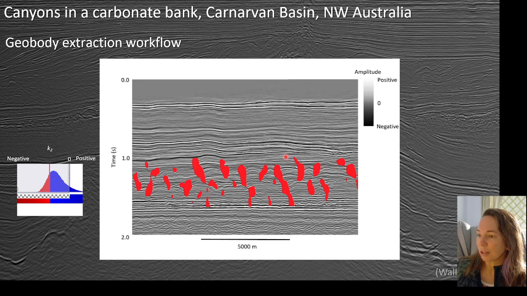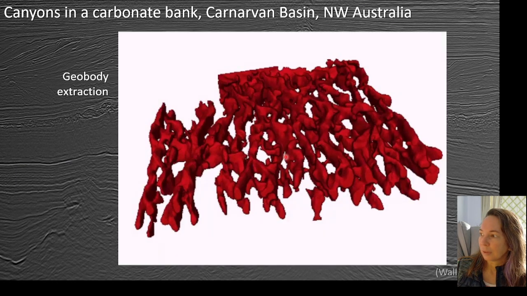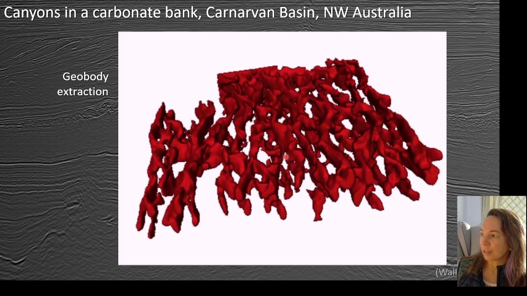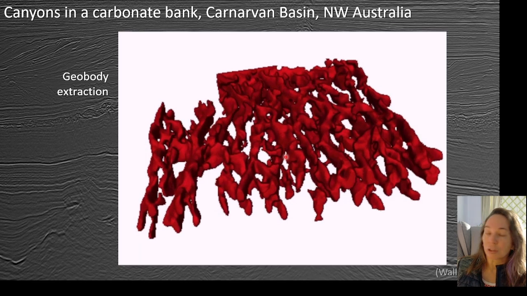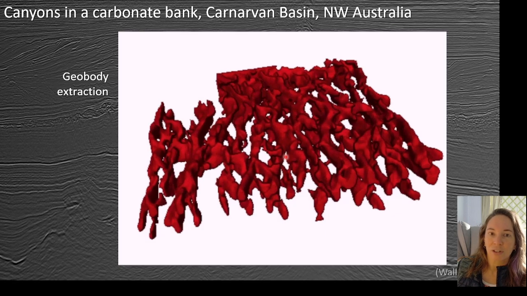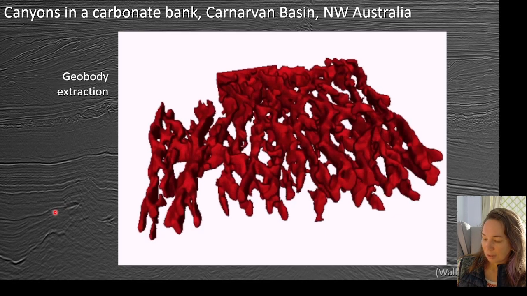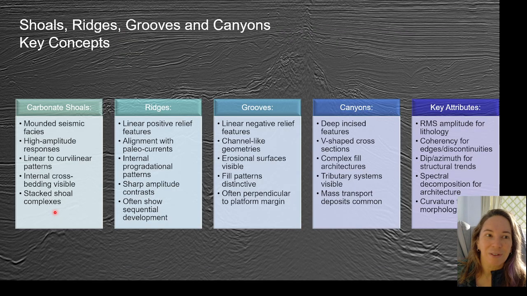In this case, we're setting them to a red color so that we can extract them as geobodies. And so here's an example of what those canyons look like once they've been extracted as geobodies in the software. All right, so that wraps up this quick example of shoals, ridges, grooves, and canyons.